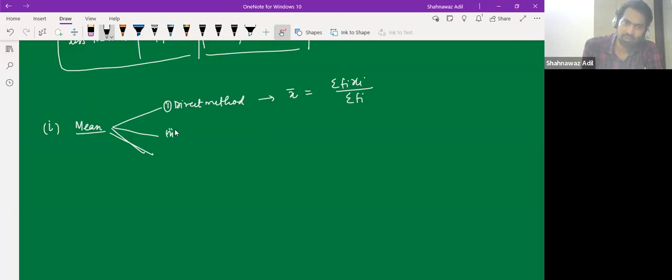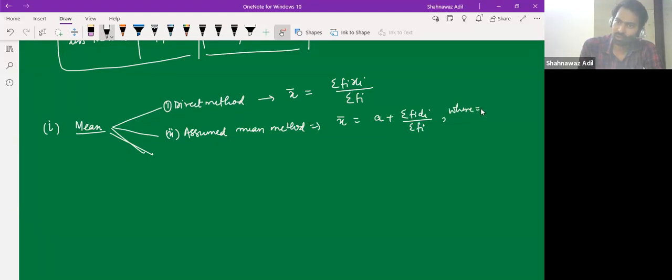Then we calculated the mean using the assumed mean method. And this is what x bar is: a plus summation fi di divided by summation fi, where di is xi minus a, and a is whatever mean you assume, right? Then the third one is the step deviation method.